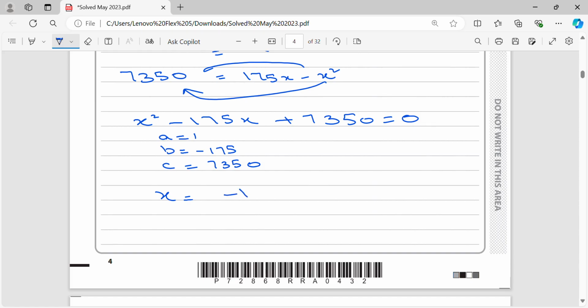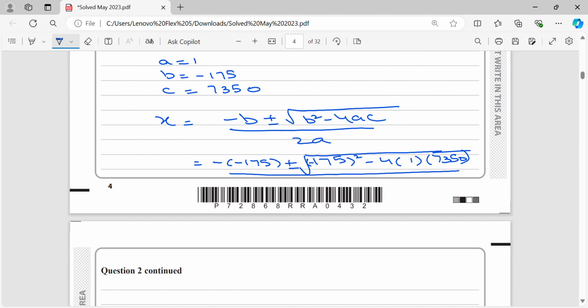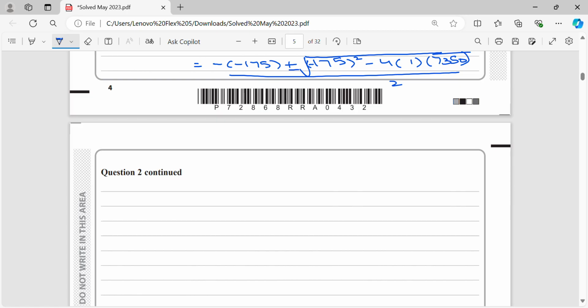So minus b plus or minus the square root of b squared minus 4ac, over 2a. I'm going to substitute now. b is minus 175, so negative 175 plus or minus the square root of 175 squared minus 4 times 1 times 7350, over 2 times a, and 2 times a is 1, so that is 2. Now it's time to use a calculator.